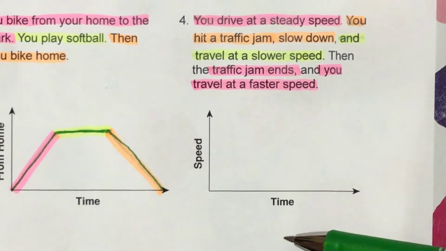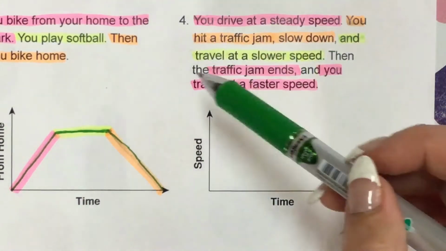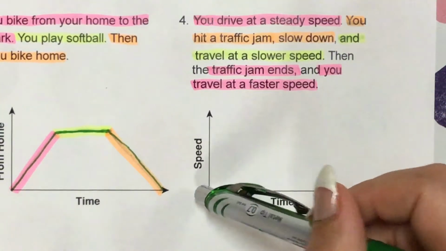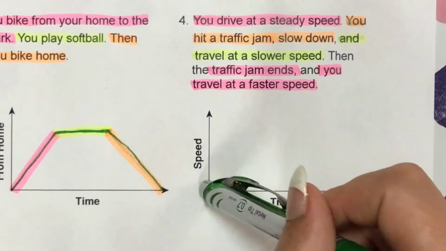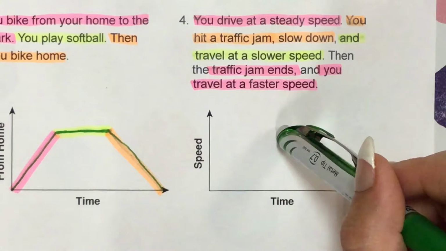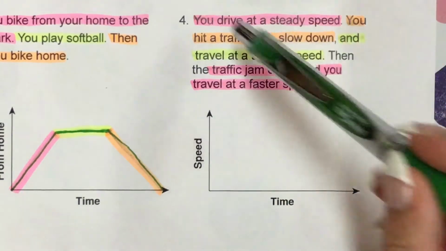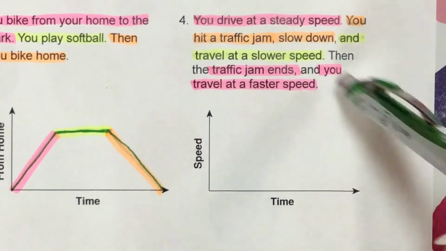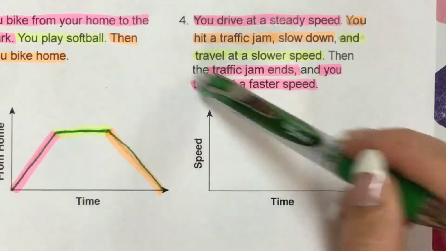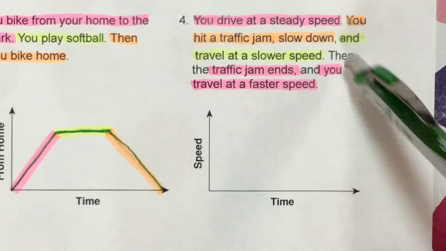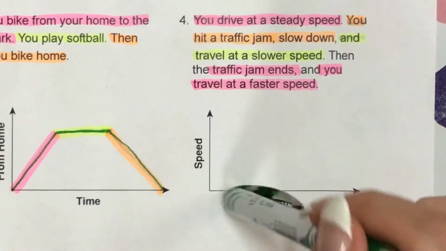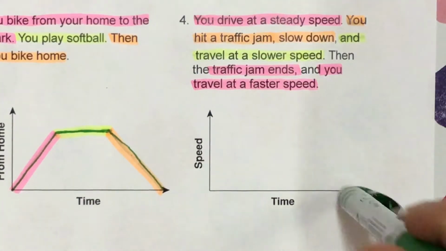It isn't really specific about that, because if we were stopped and not at a speed, it would be at 0, 0, and then we would increase our speed and then drive at a steady speed. But this just says you drive at a steady speed. So I think this graph is starting when the car is already in motion.